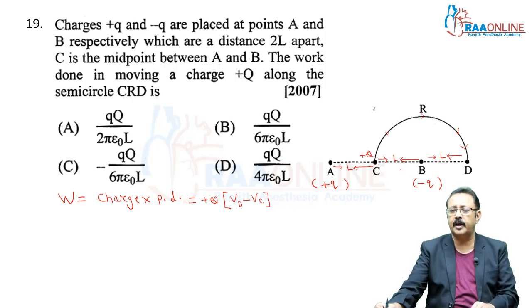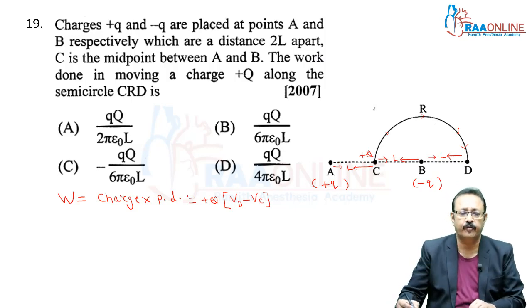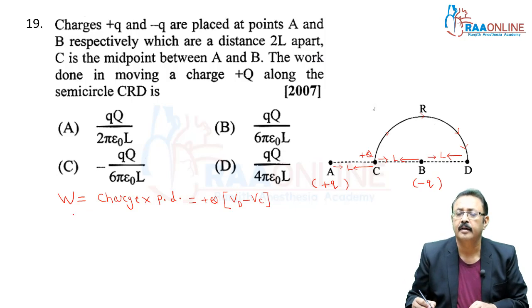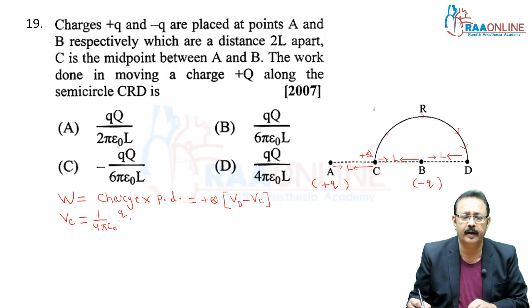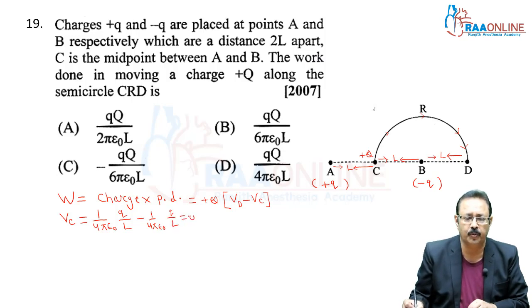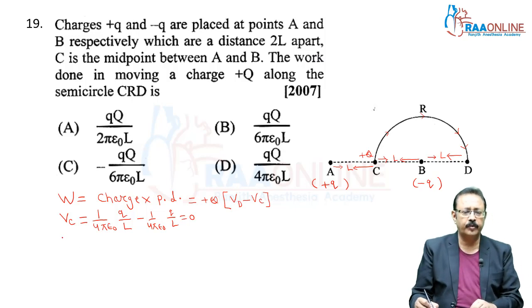Due to the minus charge, it should be the same. So, first I am calculating the potential at C, VC, due to these two charges. Due to plus Q charge, 1 upon 4 pi epsilon naught Q by L. Due to minus charge, minus 1 upon 4 pi epsilon naught Q by L. So, it becomes 0.